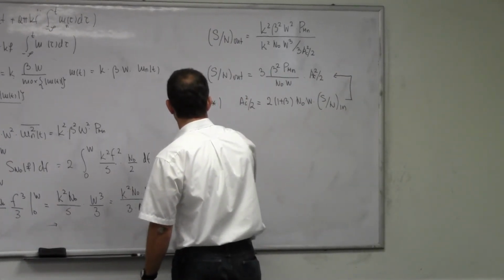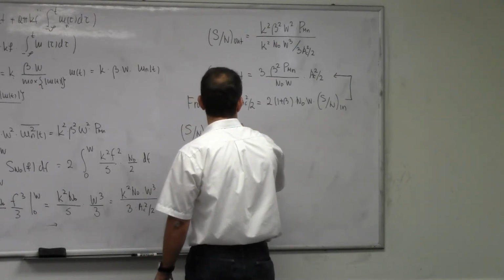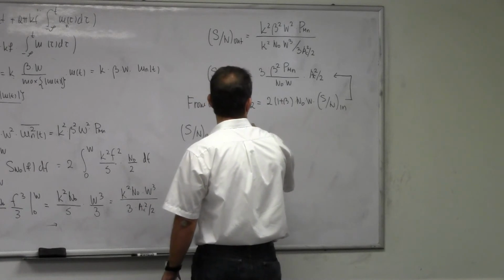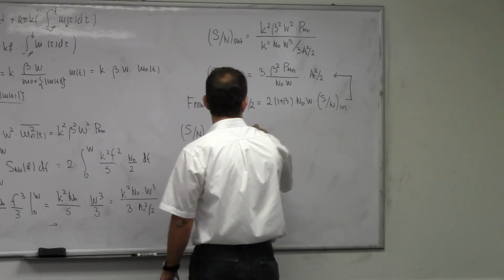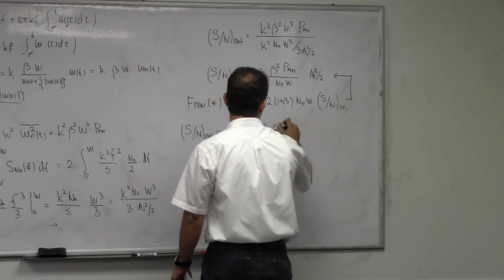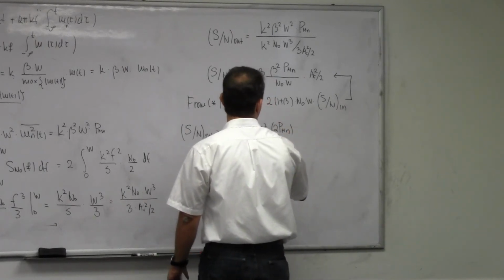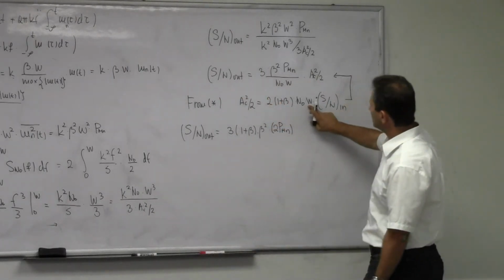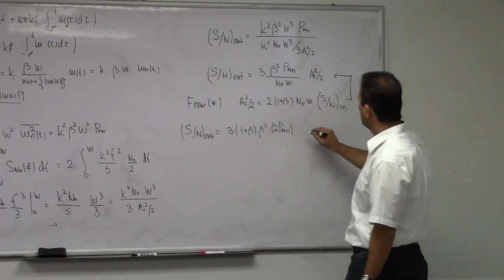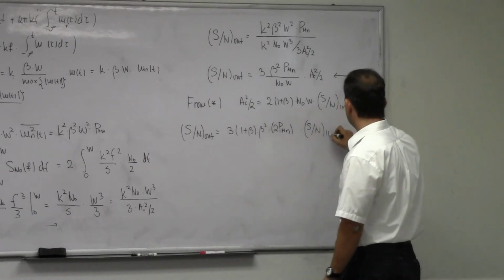Signal to noise ratio at the output is going to be equal to 3 times 1 plus beta times beta squared times 2 power of the message normalized, divided, no, I don't have anything divided because you can see this cancels with this, and then I have just signal to noise ratio at the input.